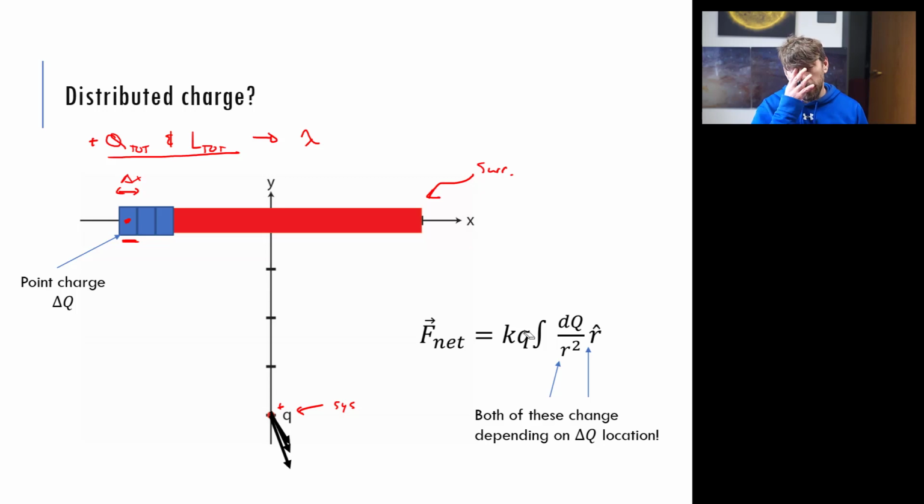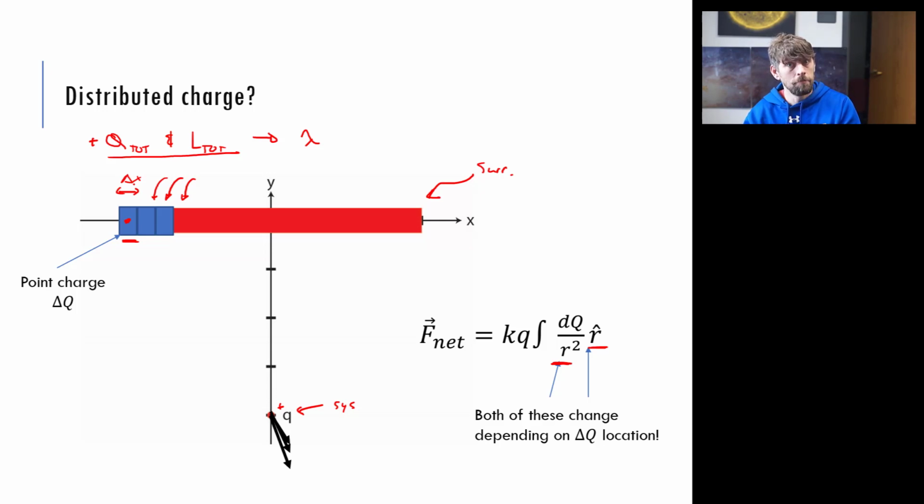Now you notice, as I have here, both the relative position vector and the r hat change depending on which chunk of the bar we wish to consider. So what we will need to do is come up with a function that describes the position of each of the source charges.